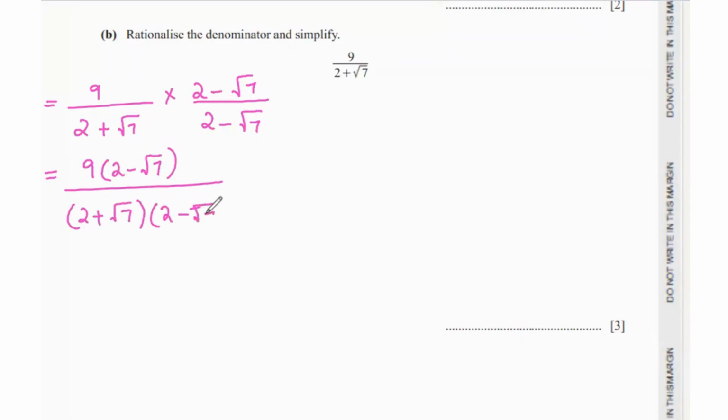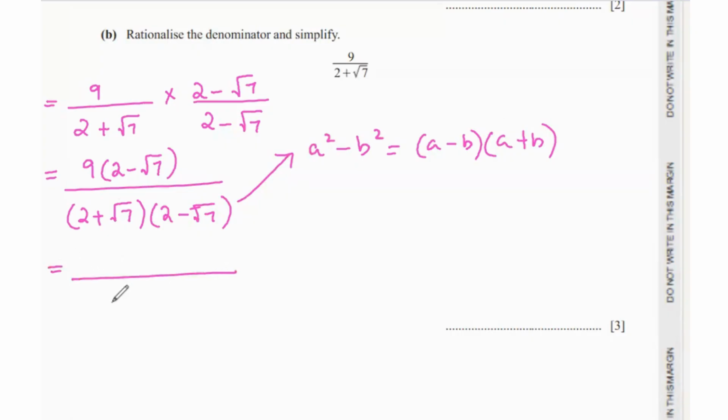Now, the reason why I'm leaving it as two brackets being multiplied in the denominator is because this reminds me of the difference of perfect squares, which is a square minus b square equals a minus b times a plus b, which means we can rewrite the denominator as 2 square minus root 7 squared.